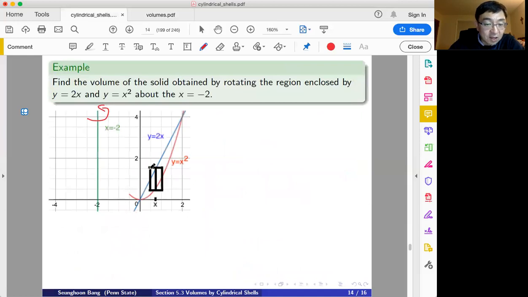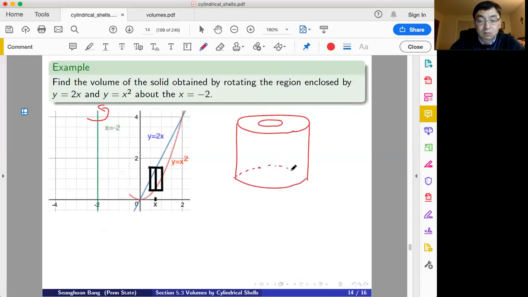You have to rotate this rectangle about x equals -2. We have a washer. Sorry, not a washer. This is a cylindrical shell.